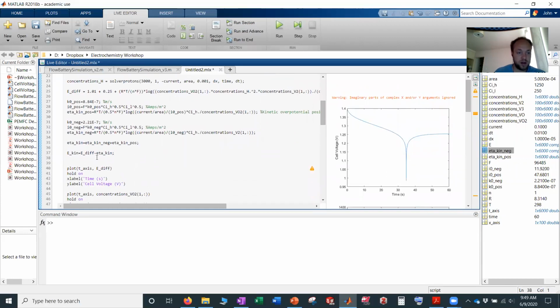And so we'll also plot that. This will be kinetics. And we'll add a legend. So we have diffusion, and we're going to have kinetics.